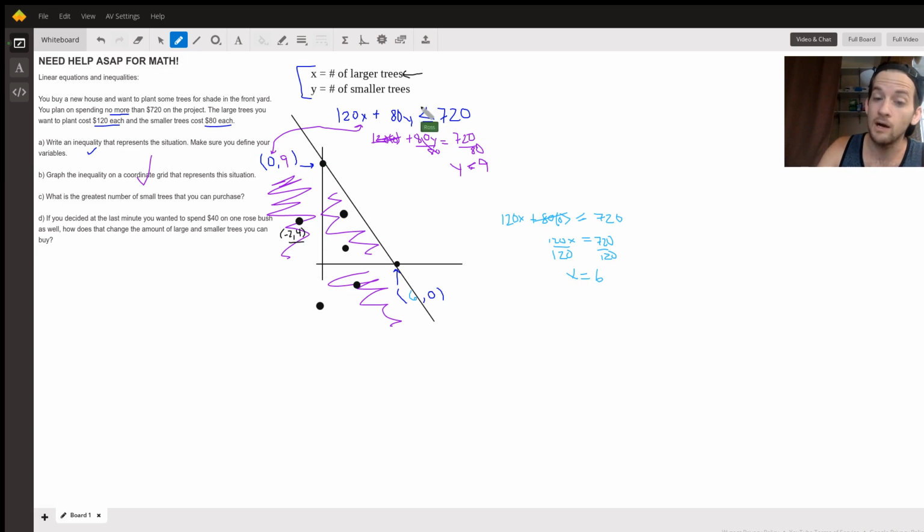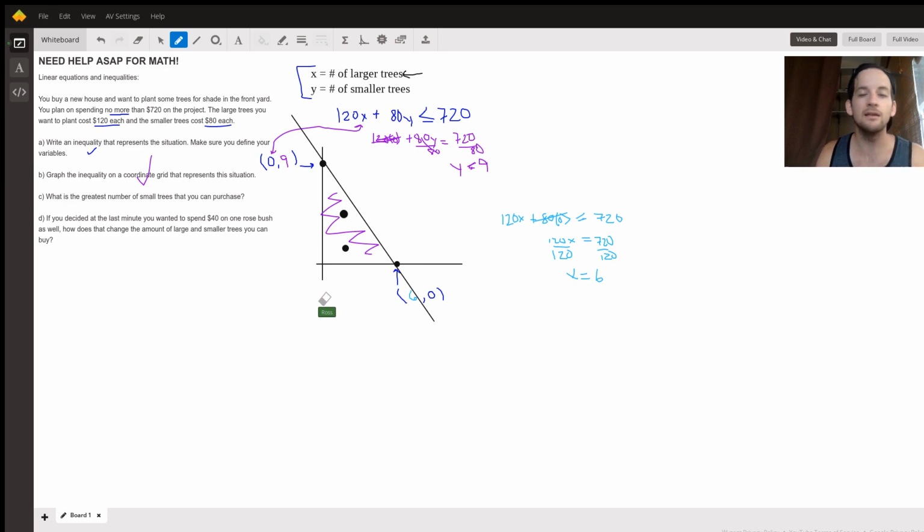For the inequality, it technically works, but if you think about what the problem's asking, we need to ignore any negative numbers. So what I'm actually going to do is go back and erase this shaded part because that has negative x values. And I'm going to erase this bottom shaded part because that has negative y values. So any of those points, even though they technically fit the inequality, they're technically solutions, they just don't make any sense for our particular problem.